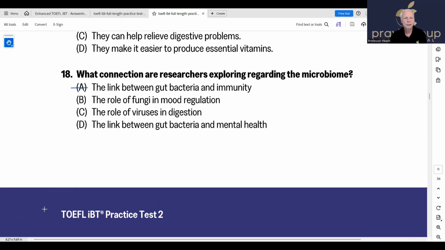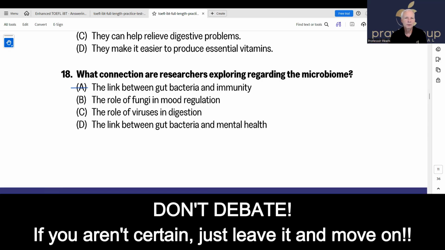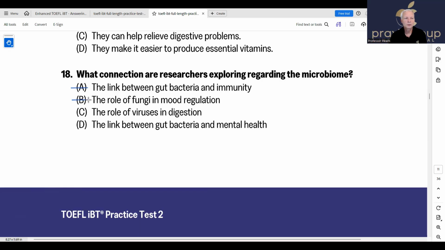What about choice B, the role of fungi in mood regulation? There was nothing about fungi, and does mood regulation have to do with mental health? If you're not sure, leave it. But if you think it's wrong, according to the rules, eliminate. What about choice C, the role of viruses in digestion? It's really about mental health, not about viruses and digestion.